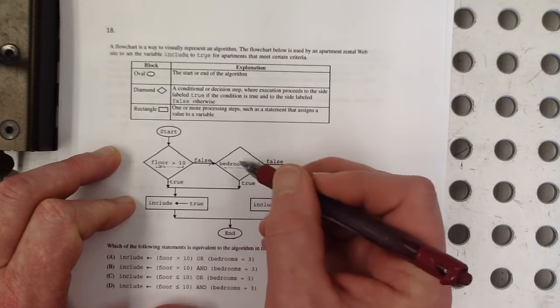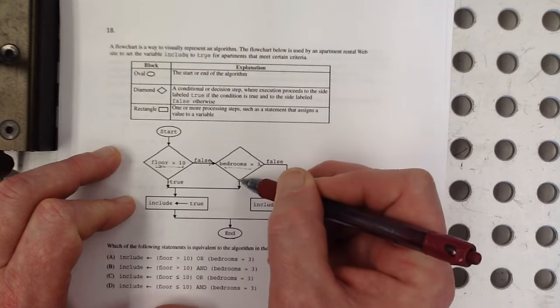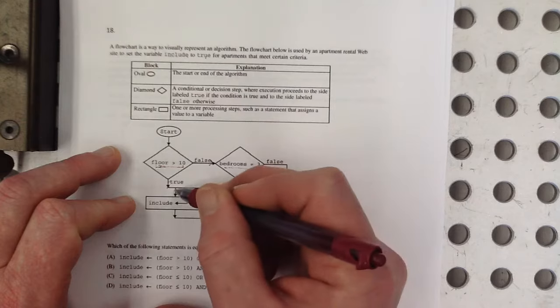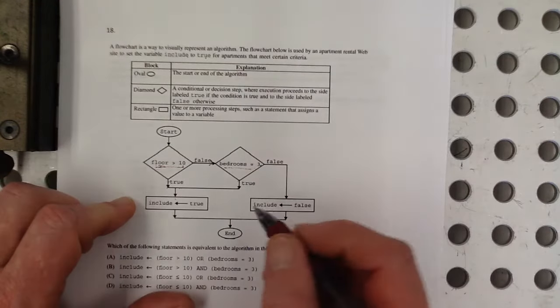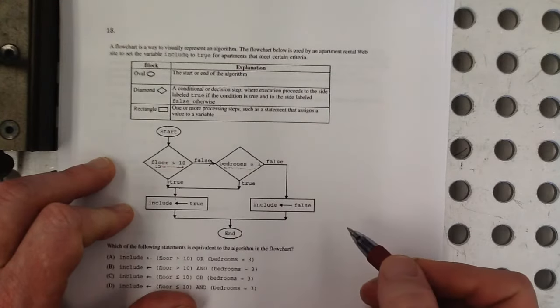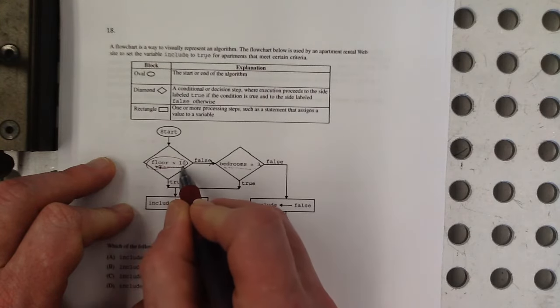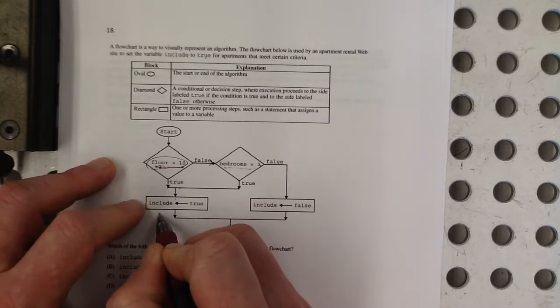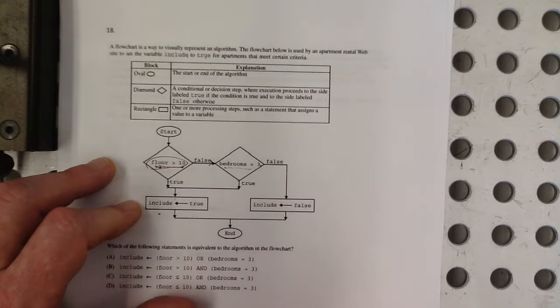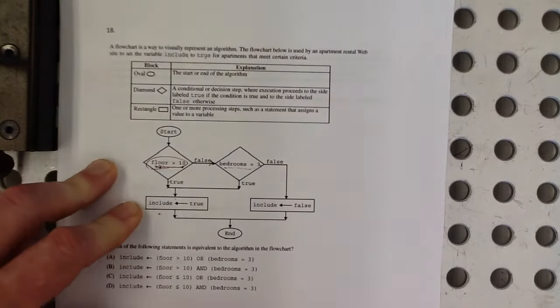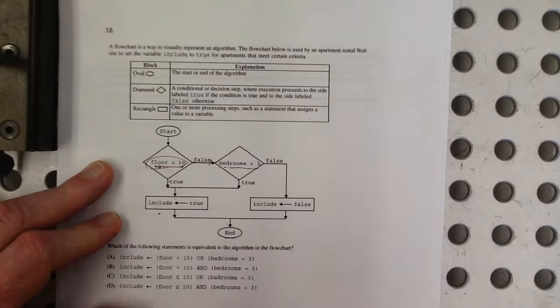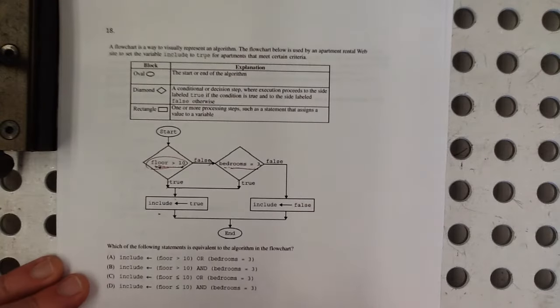If the floor is not greater than 10, but it has exactly 3 bedrooms, then we are going to include it. Right, so it looks like if the floor number is greater than 10, then we're automatically going to include it, however many bedrooms there are. But if that's false and there's exactly 3 bedrooms, then we're going to include it also.